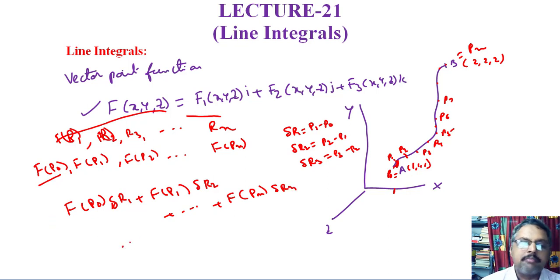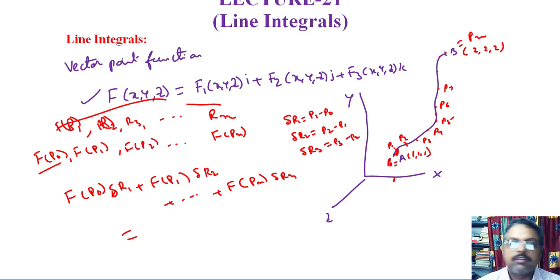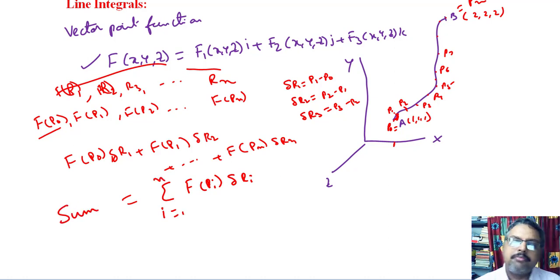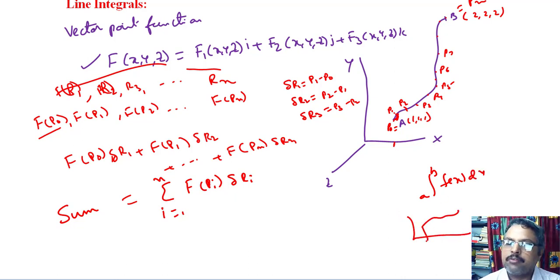Now this summation is simply sigma f of Pi dot delta Ri, where i varies from 1 to n. If you observe, this summation looks like the integral from a to b of f of x dx. The same procedure applies: a curve is given from point A to B, with different slices, lengths and function values. Add all the values and you get this summation.